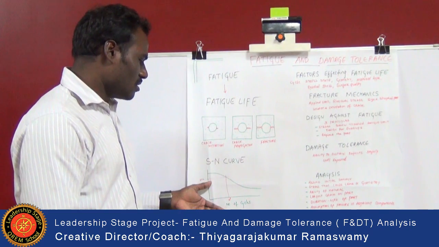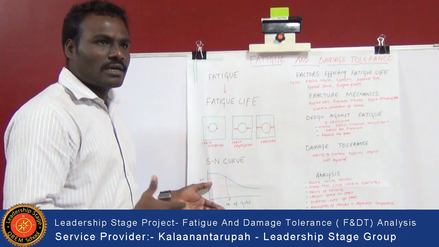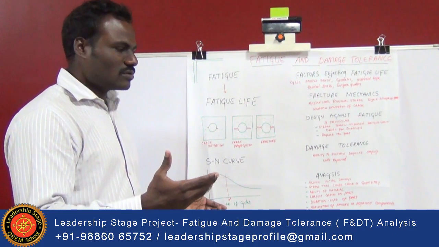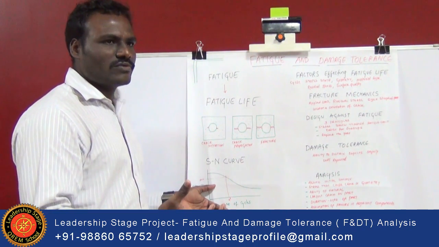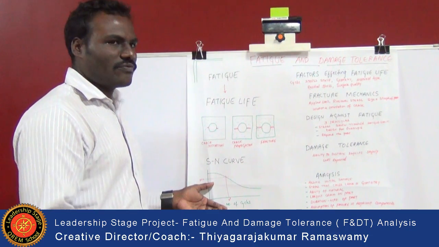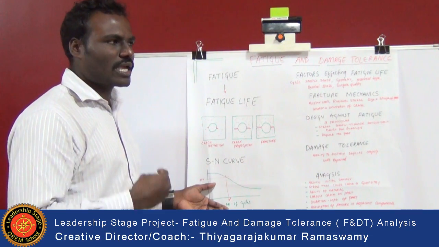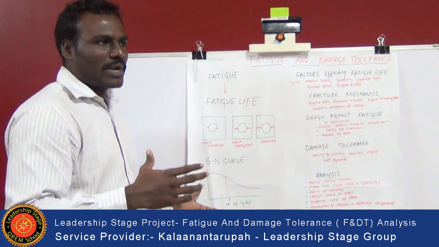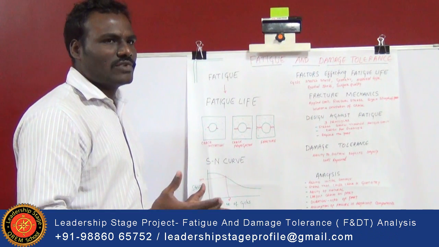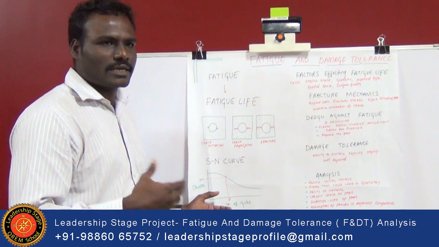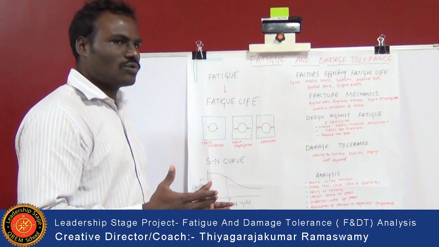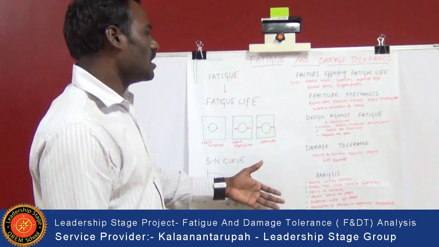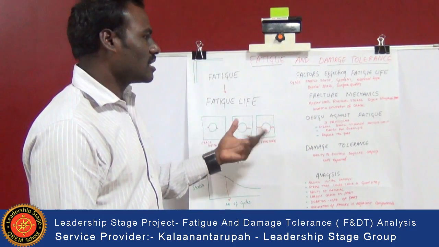So we need to find out what yield point stresses acting over the material are able to propagate the crack to a fracture. Here we can find the maximum yield point limit which the material can hold in order to maintain its strength. For this purpose, we are going into fatigue and damage tolerances.